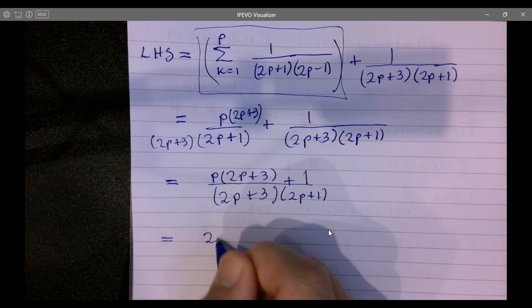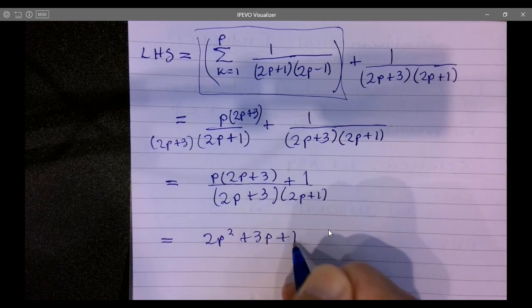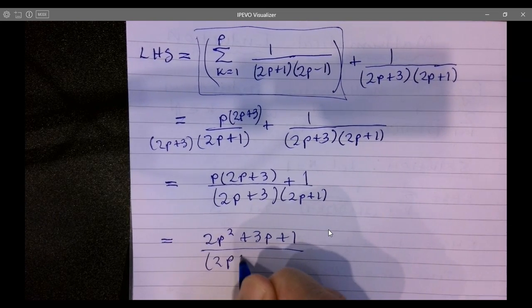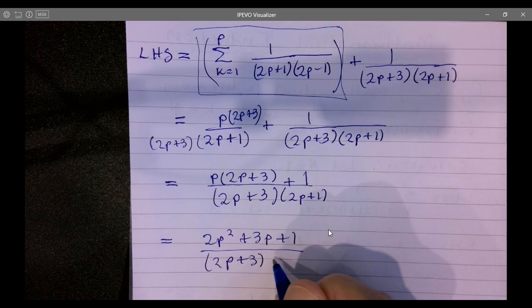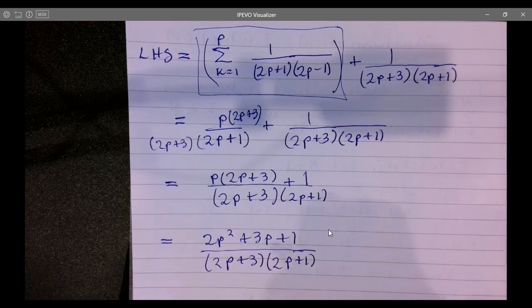So I'm going to get 2p squared plus 3p plus 1 over (2p plus 3)(2p plus 1).